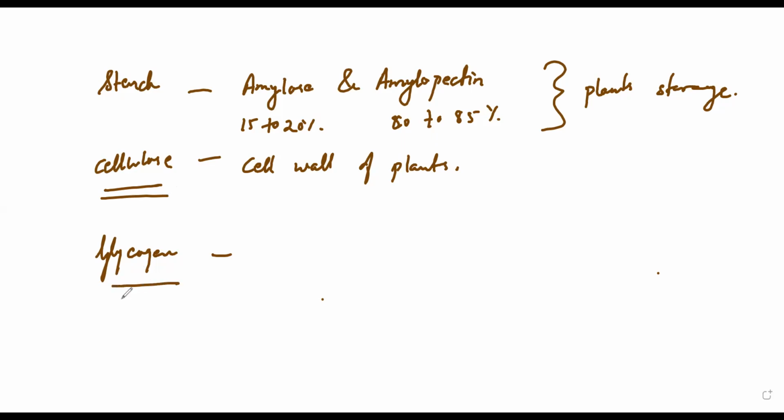Next is the glycogen. Glycogen is the powerhouse for human beings. In the animal body, the storage form of carbohydrates is glycogen.